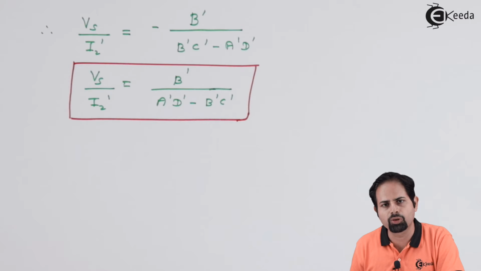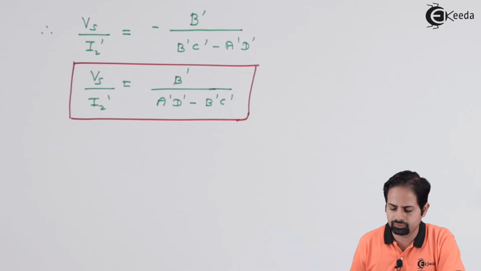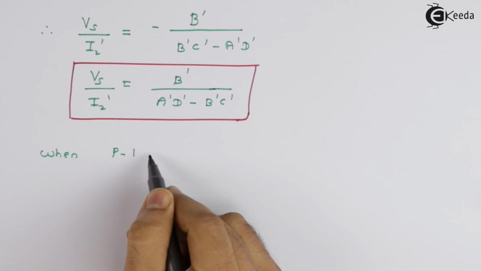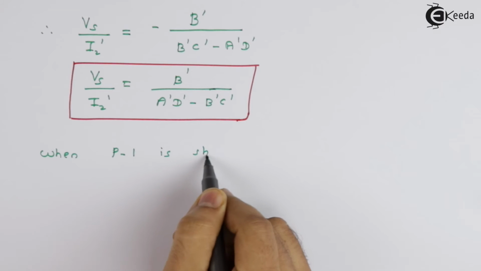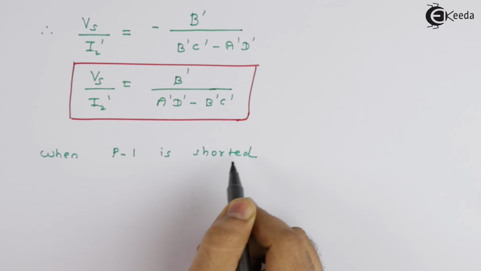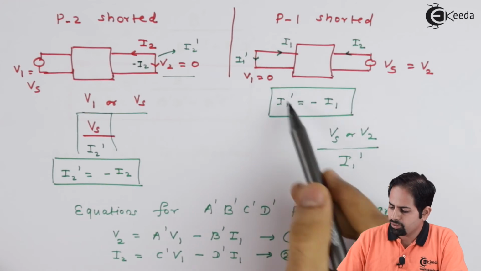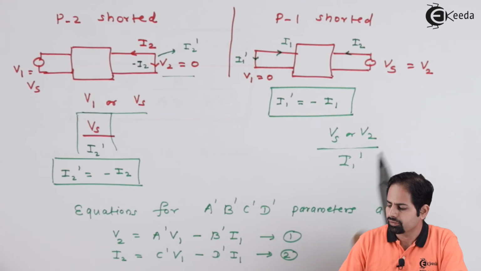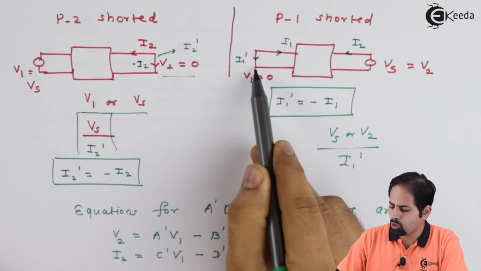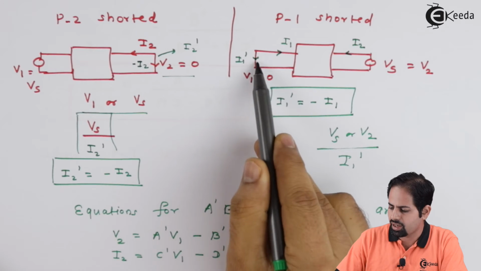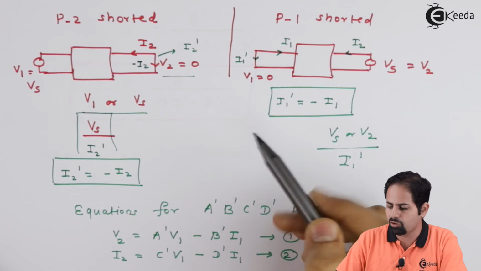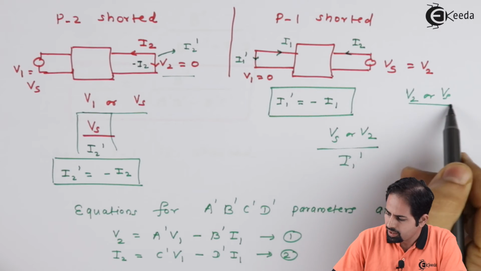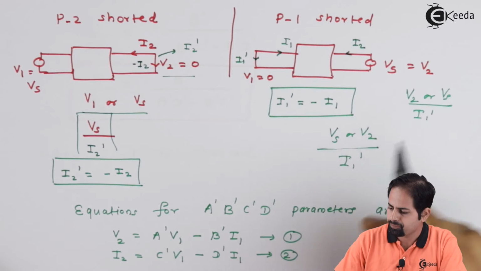Now we'll go for step number 2, which is shorting port number 1. So whenever port number 1 is shorted, this is the condition that we have already obtained, where Vs is V2, port 1 shorted, so V1 is 0, this current is I1 dash, and the ratio that we want is V2 or Vs divided by I1 dash.